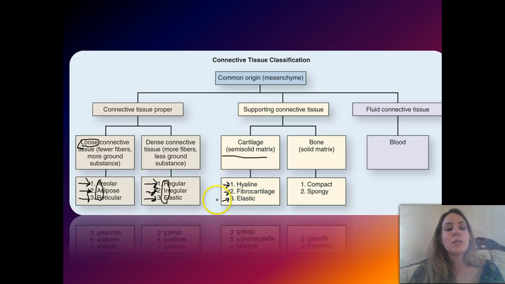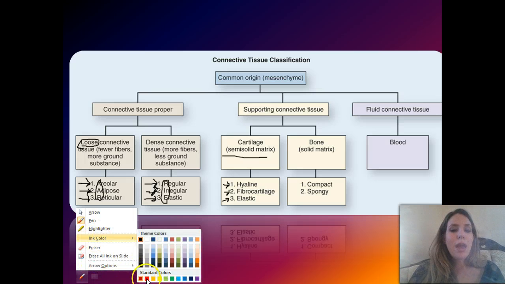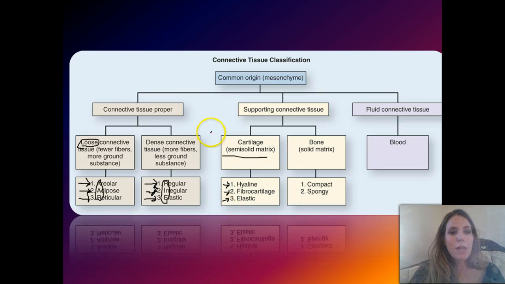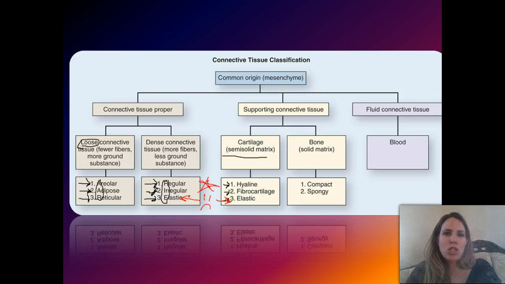Now here is where I'm actually going to change the color of this ink, and I'm going to write a big star and an unhappy face here, because this is where people will get driven crazy, that there's two kinds of connective tissue both called elastic. One is in the dense connective tissue category under connective tissue proper.